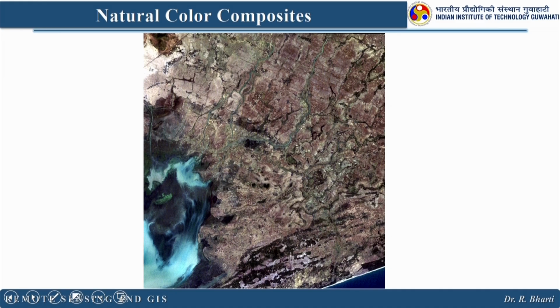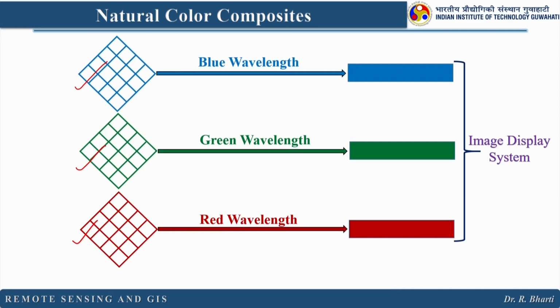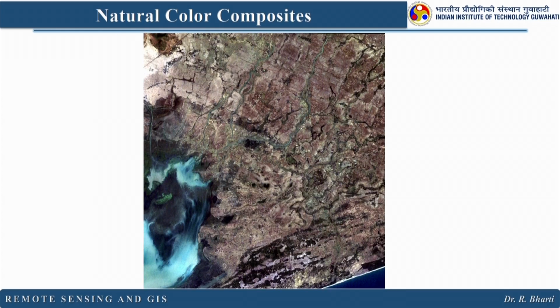So we can also see blue, green and red, and here also we are using blue, green and red. So that's why it will appear more closer to how they appear on the ground with our eyes, right? But in the false color composite, what we did, we have included infrared bands. So that's why the infrared information we cannot see, but the instrument can measure.